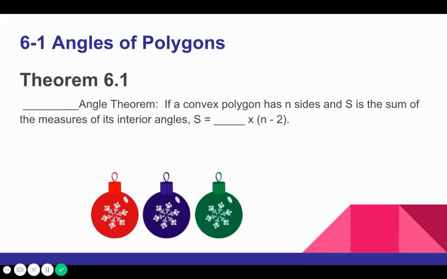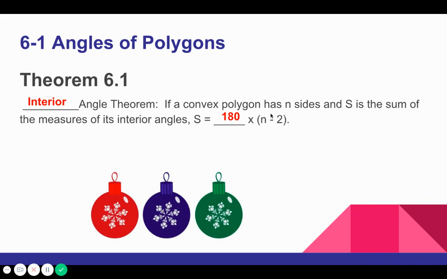Down below it says Theorem 6.1, and that is what we call the interior angle theorem. We're looking at polygons, multi-sided figures. This theorem says that if a convex polygon has n number of sides, and S is the sum of the measures of its interior angles, then S will equal 180 times n minus 2.